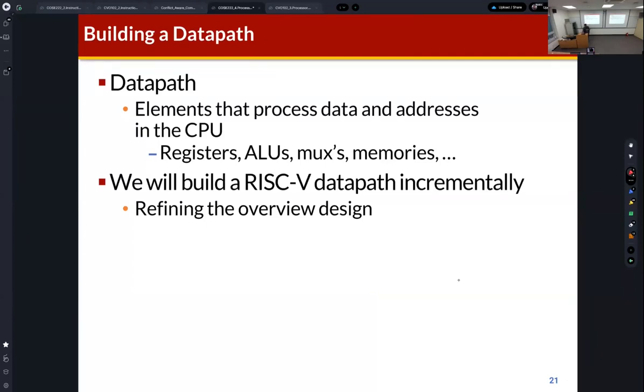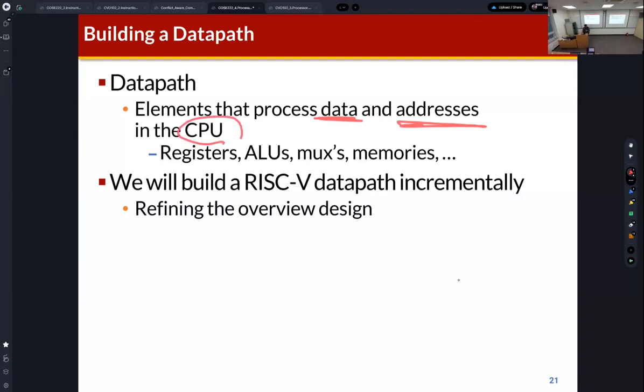Then what is a datapath element? This is the definition. Datapath elements are elements that process data and addresses, which means that if a certain component processes digital data, and addresses are also a kind of digital data, we can call this component a datapath element.